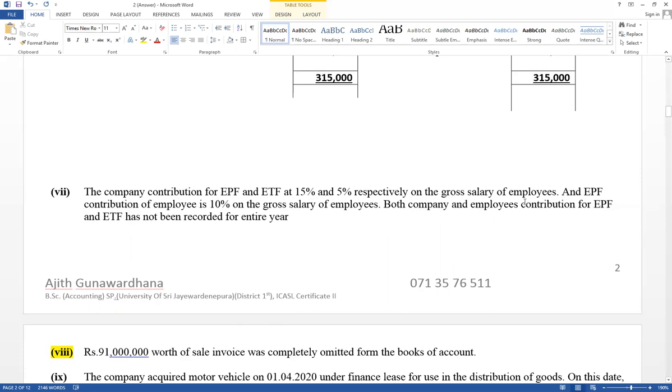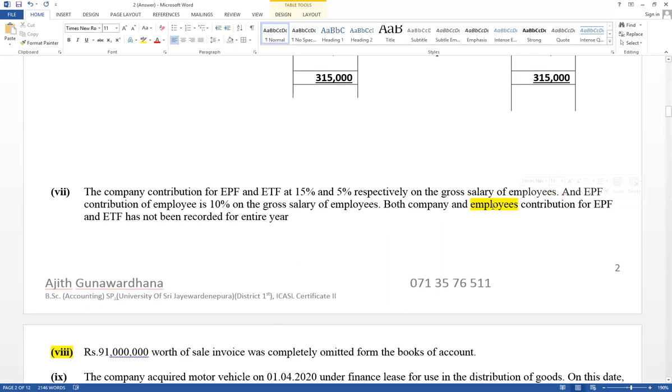Both company and employee contribution for EPF and ETF has not been recorded. You have to consider employee contribution. EPF contribution for employee effects salary accounts. Trial balance has given salary account balance. There were double entry.